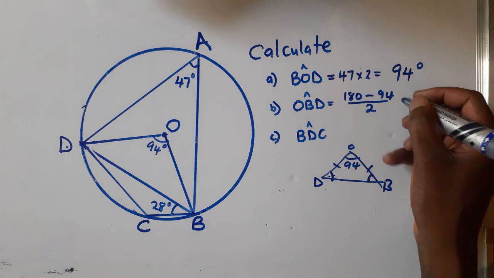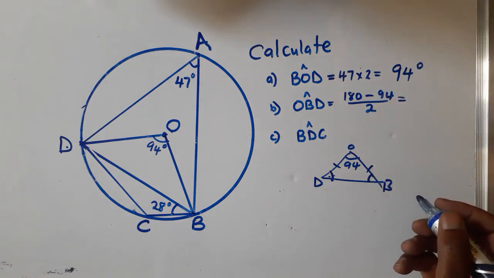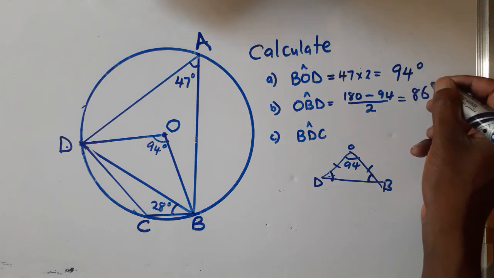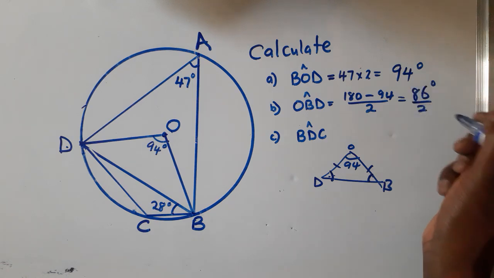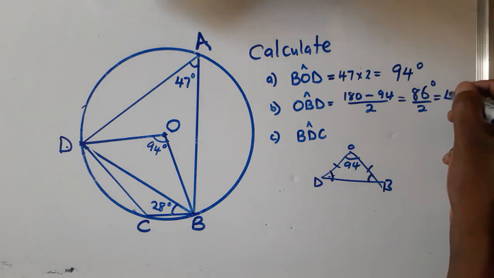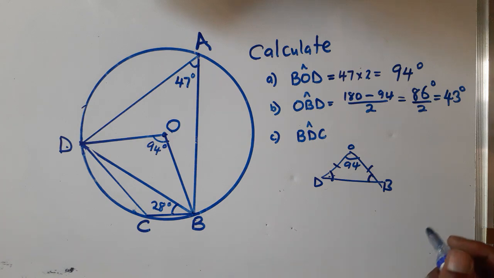So what do we get? We get 86 degrees, divided by 2, which is 43 degrees.